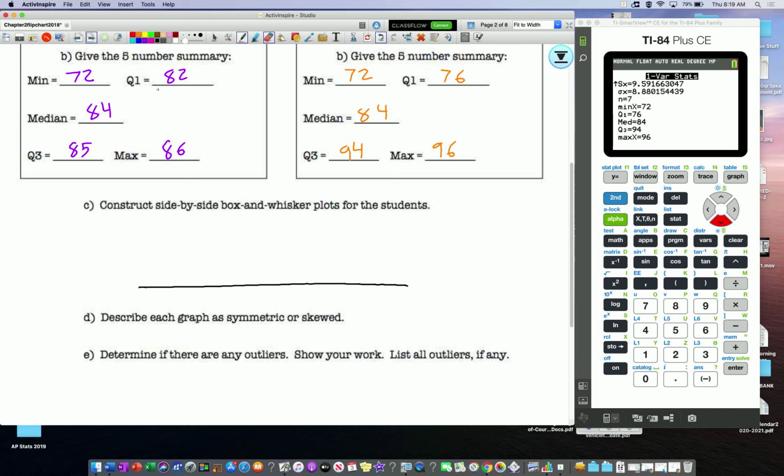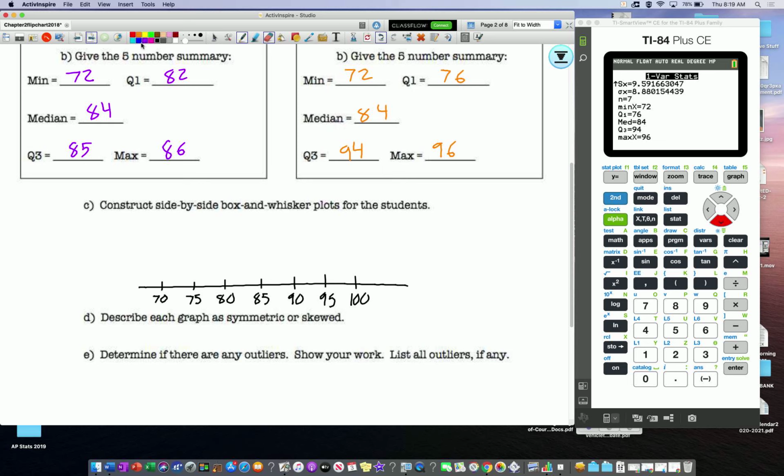My low was 72 for both data sets. This one only went to 86, but this went to 96. So I might start here at 70 and make sure I go up to 100: 70, 75, 80, 85, 90, 95, 100. So I got my number line.